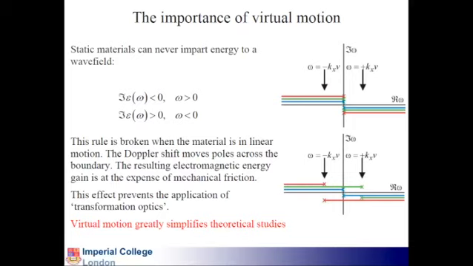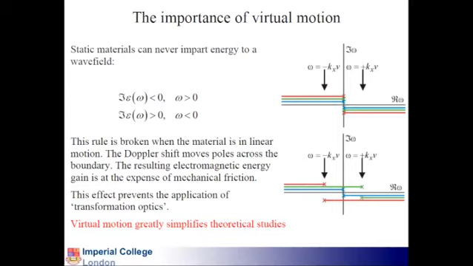So if you have a material which is in linear motion, then this is the analytic structure of the medium. For a stationary medium, all the poles in the dielectric function or the permeability are in the upper half plane for the negative frequencies and the lower half plane for the positive frequencies.